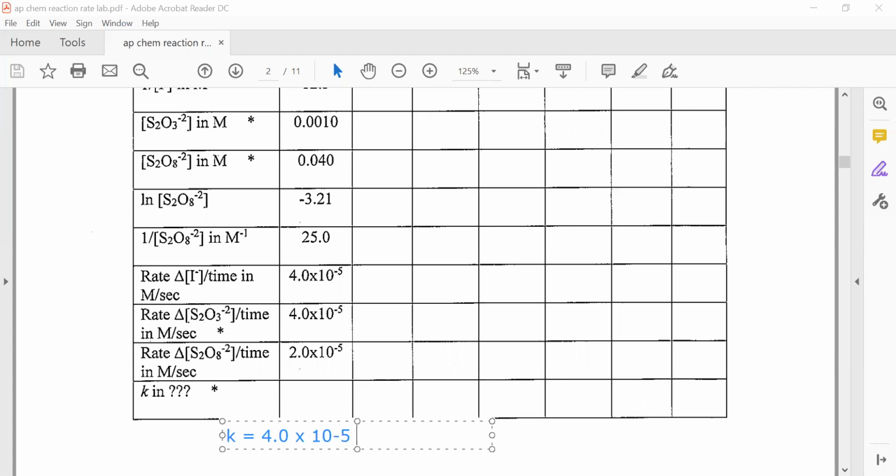And that would be an exponent, -5, and then divide that by the two concentrations. One would be 0.08 for the I minus. In the other one, and we said that's the first power, the other one would be 0.040.